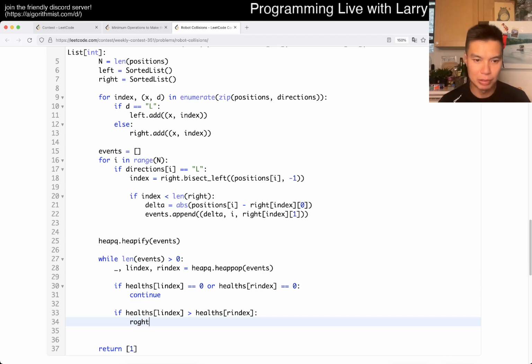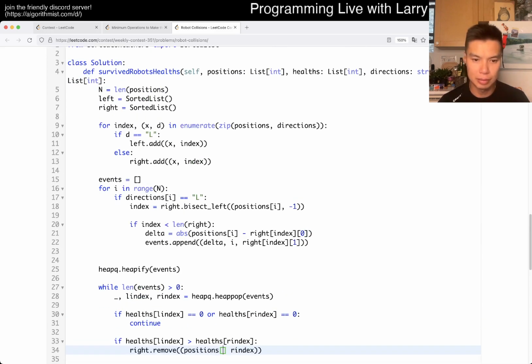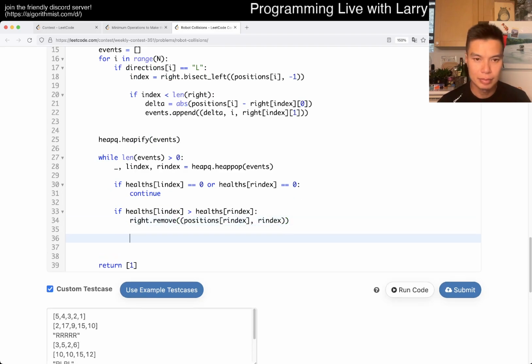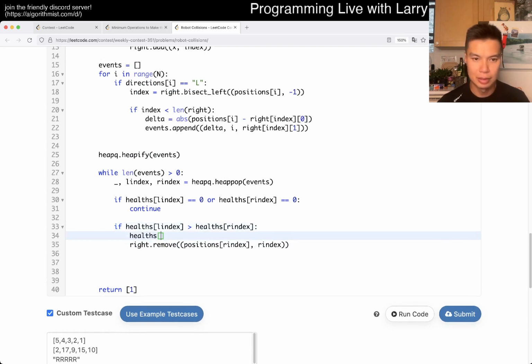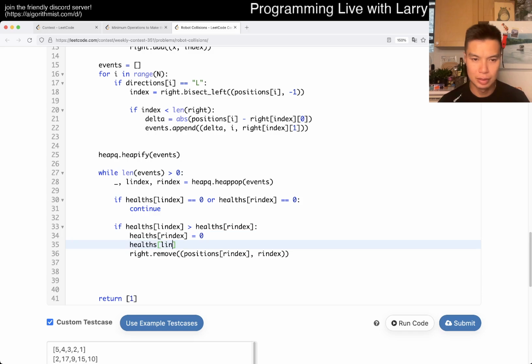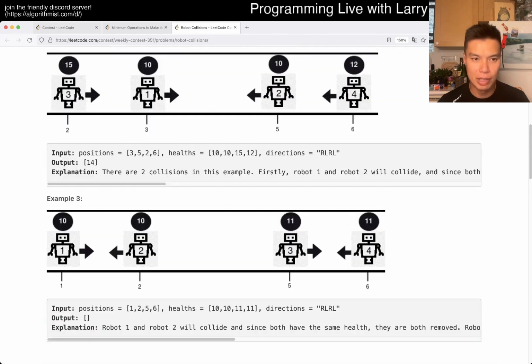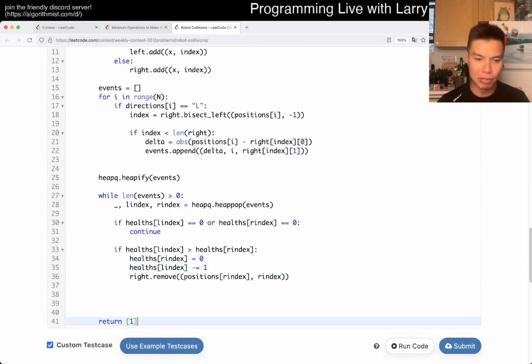So remember to remove it. So R index, but the X is going to be positions of R index. And then subtract from 1. We just need the final health, right? And so this should actually be right, except we'll just filter out the zeros, in theory.